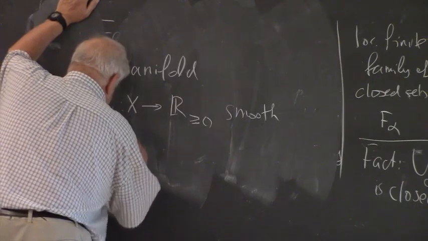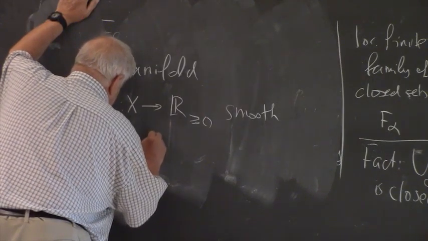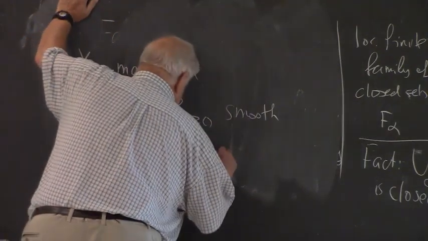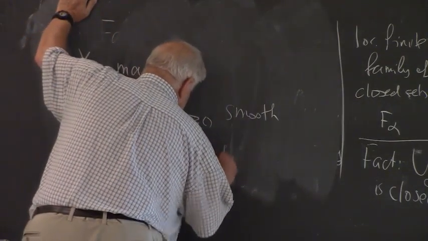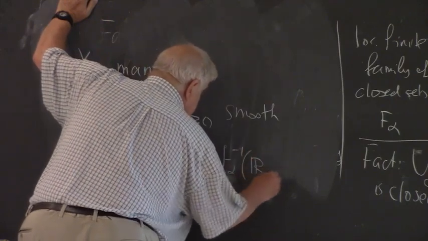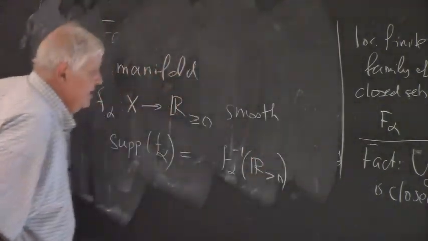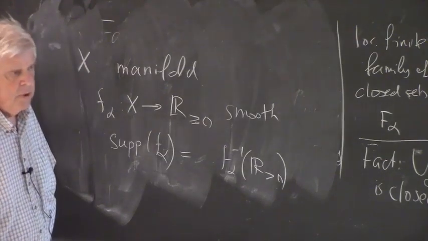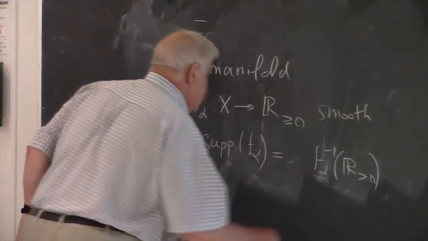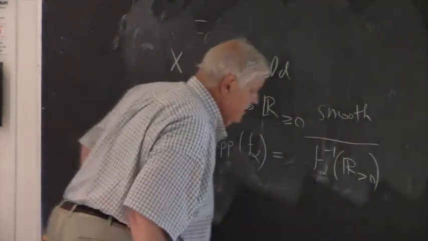You remember the support of F alpha: we take the set of points where the values are positive, and we take the closure of the set. This is called the support.